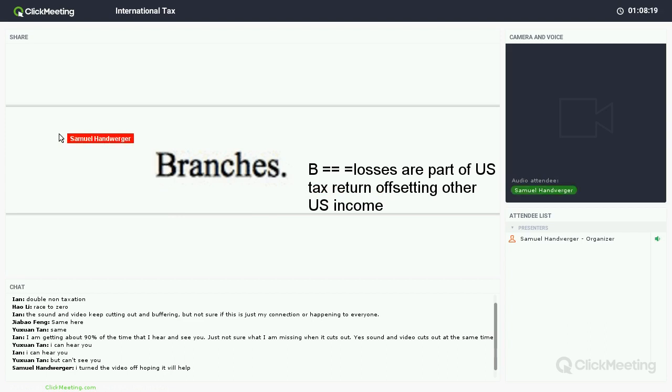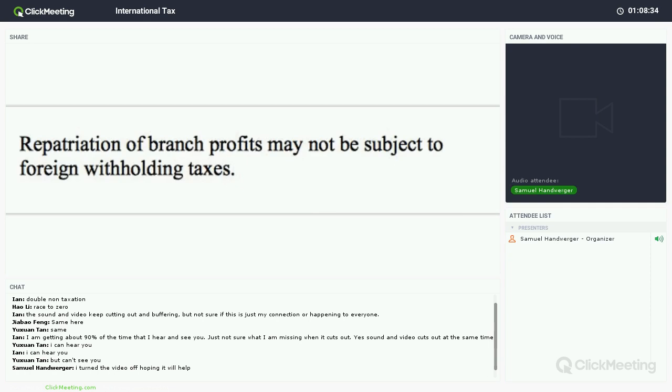That's if we have losses. On the other hand, if we have profits, they'll be subject to US tax, and the foreign tax credit will help mitigate the double taxation that'll come in.